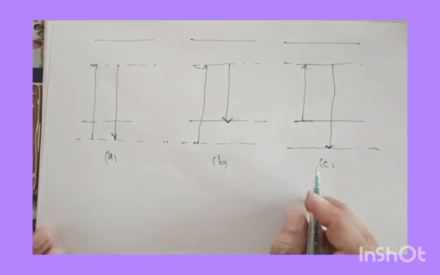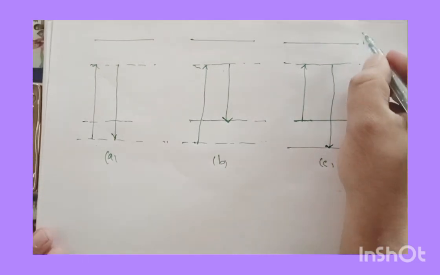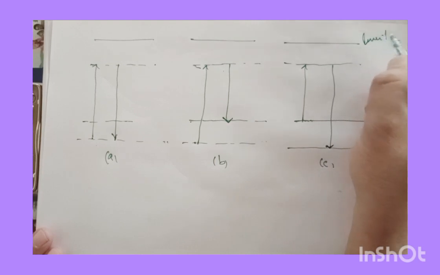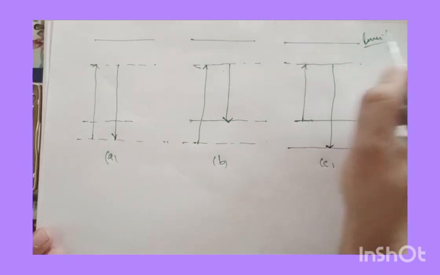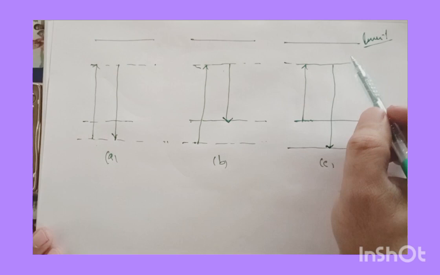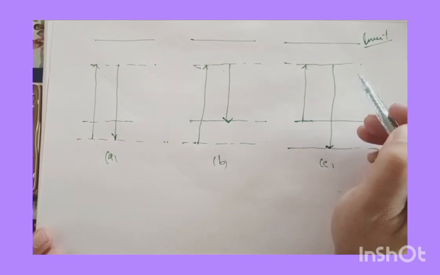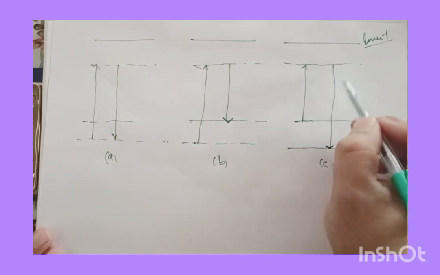I'll call this C, and this will be the lowest excited electronic energy level as a reference, and then we have the energy of the molecule and photon complex.